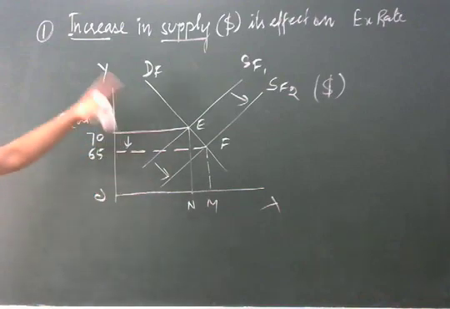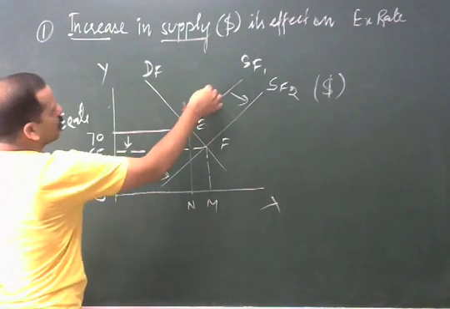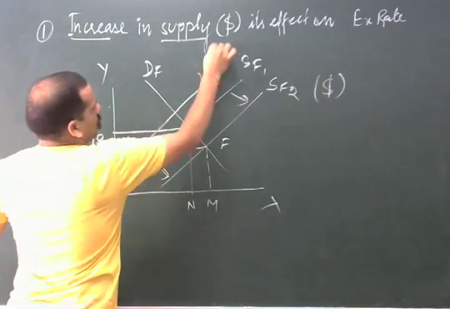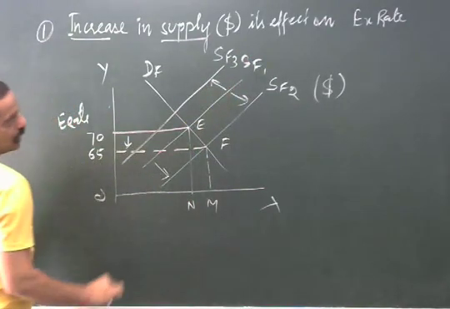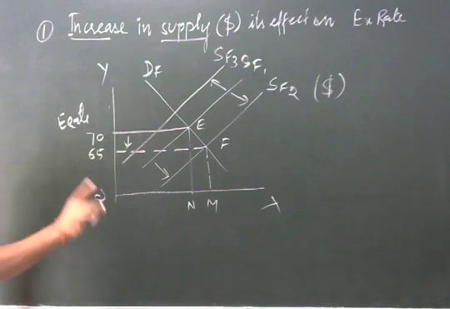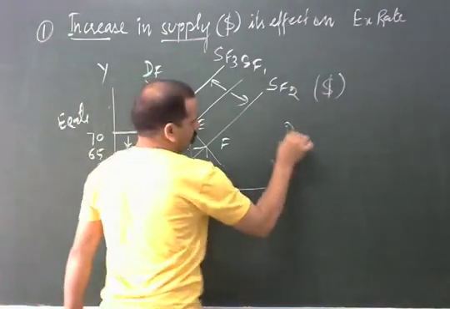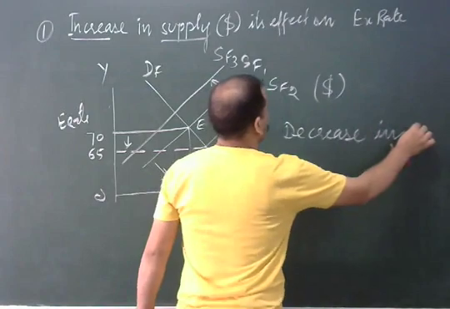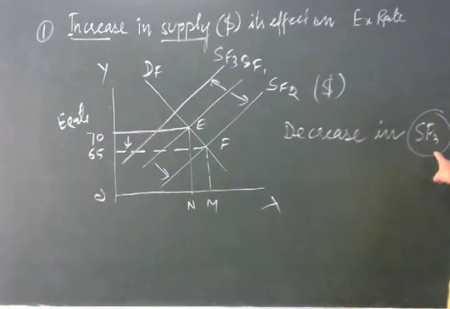Clear? And vice versa. Now situation number 2: a decrease in the supply of foreign currency.